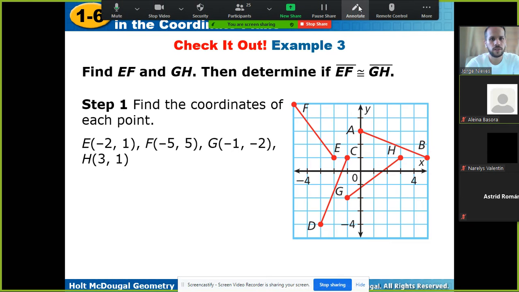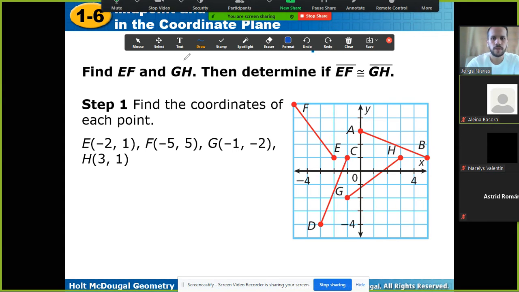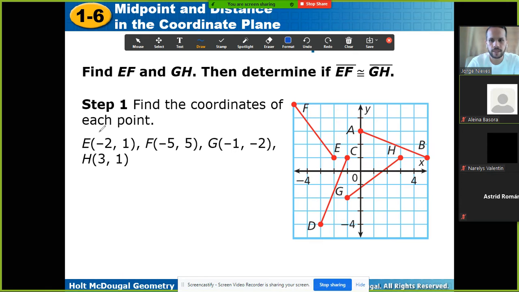Remember, I don't know if you remember from the last lesson, but for EF, this is x1, this is y2. You have to remember that. And this is x2, and this is... you have to remember that because we saw it when we started this lesson.